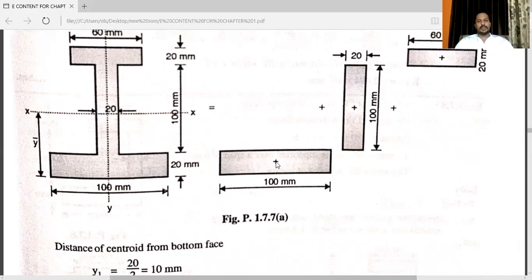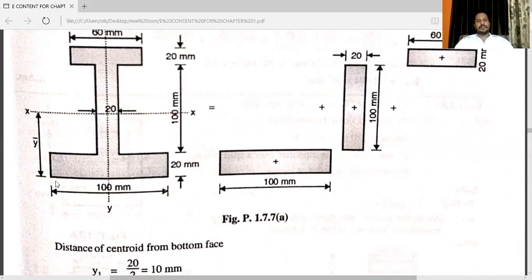This one is the first centroid point, this one is the second, and this one is the third: the centroid points of the first, second, and third rectangles. So the distances will be y1, y2, and y3.